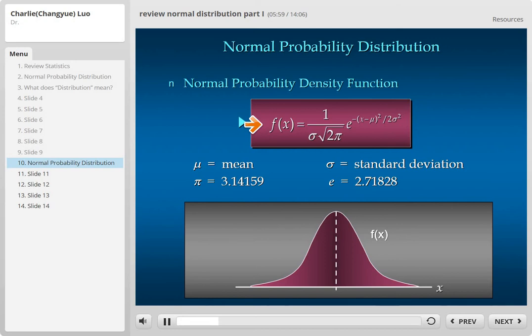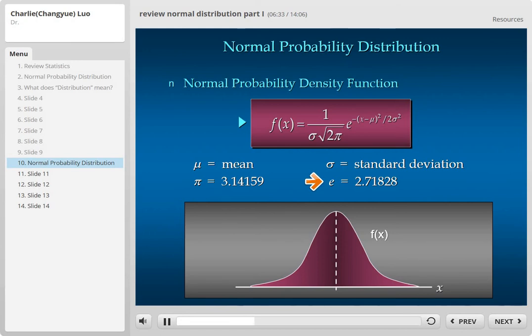Now, in this formula, mu is the mean of this normal distribution. Sigma is the standard deviation of this normal distribution. Pi is a fixed number. It is 3.14159. So anytime you see a pi, it is just a label for this number here. Now e equals 2.71828.